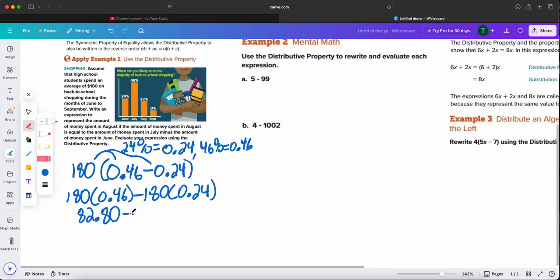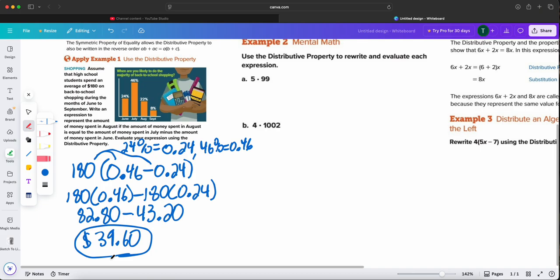Then we have minus. We would take 180 times 0.24, which is going to get us $43.20. And then we could subtract that, which gets us that August would be $39.60. Okay, so that's how you'd solve it using our distributive property, which is what it wanted us to practice.